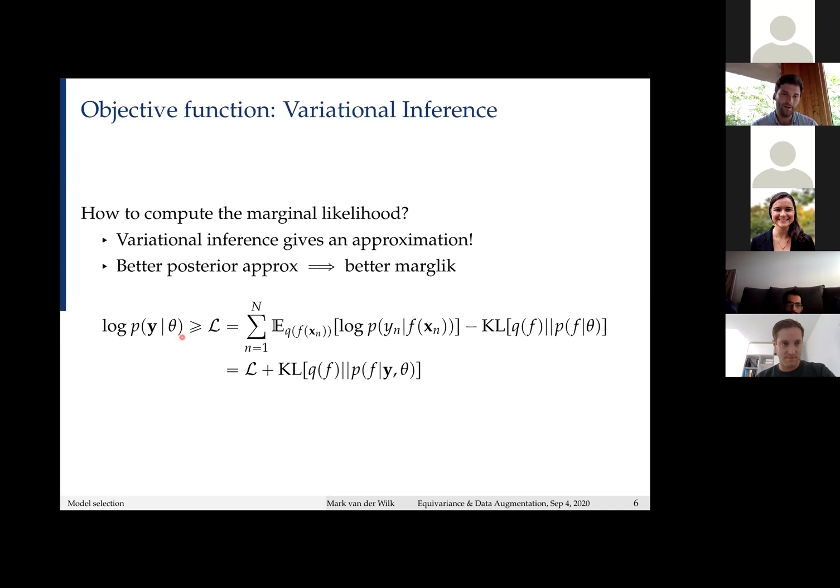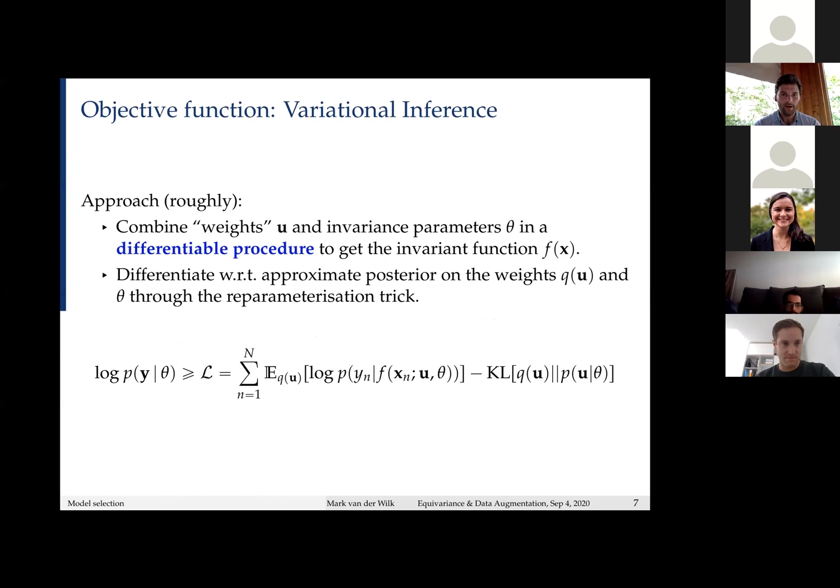And then the trick in our paper is essentially to make the marginal likelihood completely differentiable with respect to both the distribution over the weights and, more importantly, the parameter that describes the invariance that we're considering. Right. So again, if you want to look at the overall details, I would suggest looking at the paper.